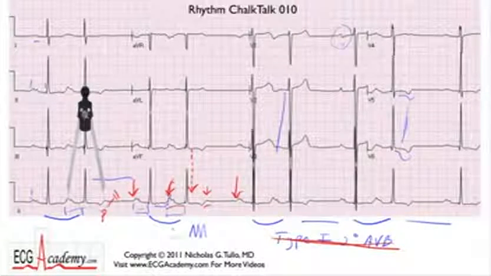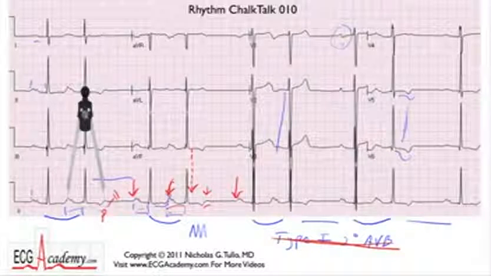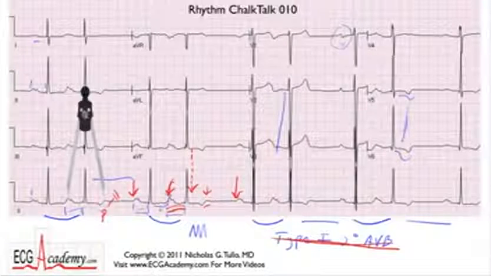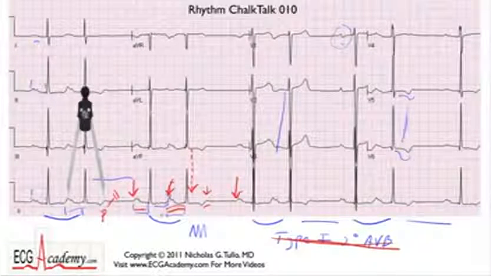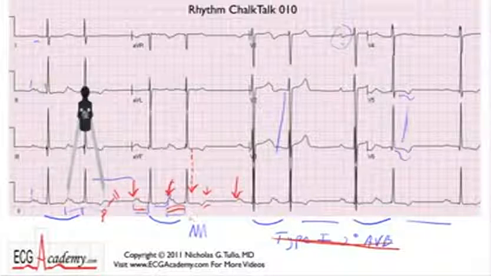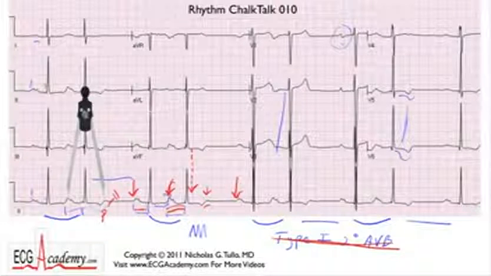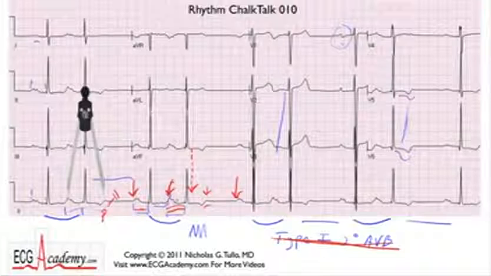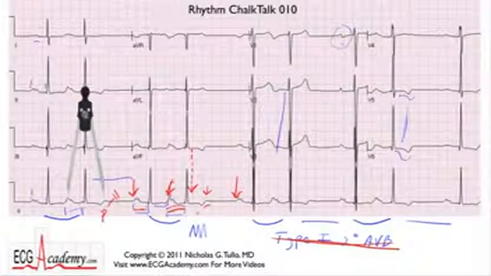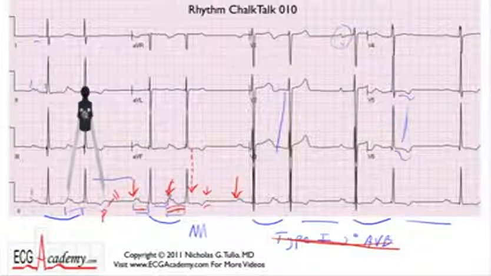It's an atrial premature beat that landed on the T wave. It conducted with a first-degree AV block much longer than the underlying first-degree AV block. Why? Because remember, the AV node doesn't conduct as well at faster rates or shorter coupling intervals because it's calcium dependent. We talk about that in the physiology of the AV node.